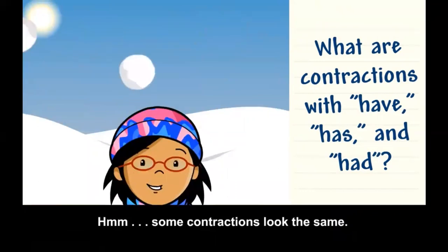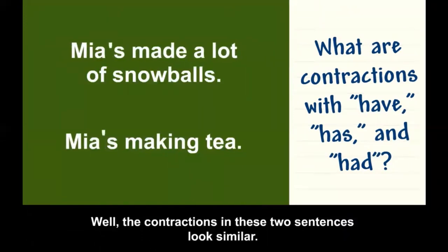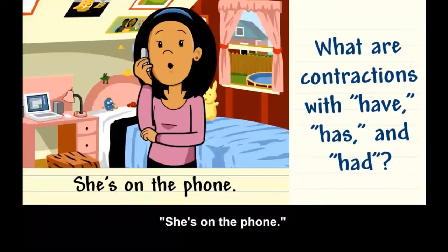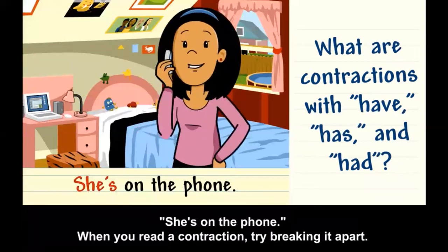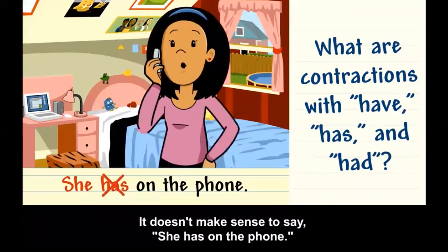Some contractions look the same. Well, the contractions in these two sentences look similar, but they mean different things. She's on the phone. When you read a contraction, try breaking it apart. It doesn't make sense to say, she has on the phone.